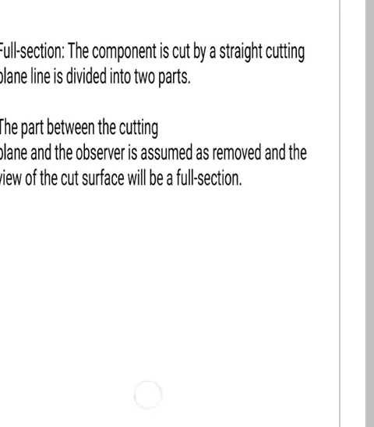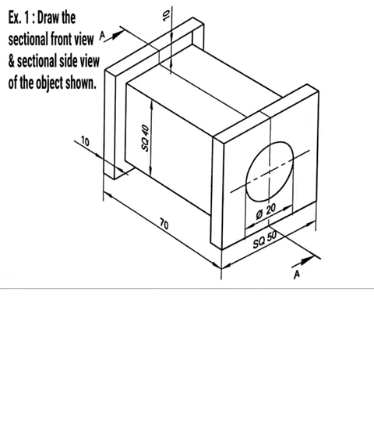So there is an example of sectional views. We need to draw our sectional views from this given object. Here is our example: draw the sectional front view and sectional side view of the object shown.